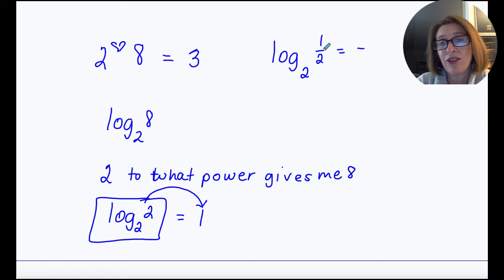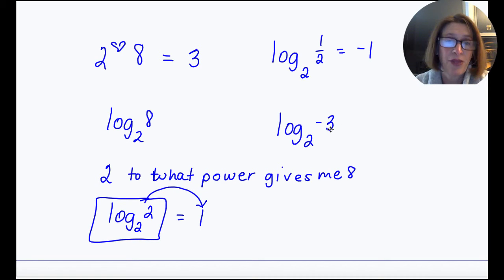Hopefully you're saying -1. And then we also learned that log base 2 of, say, -3, if you think about that using the statement, 2 to what power would give you -3, well, there's no power I could raise 2 to that would give me -3, which would mean that this would be undefined.